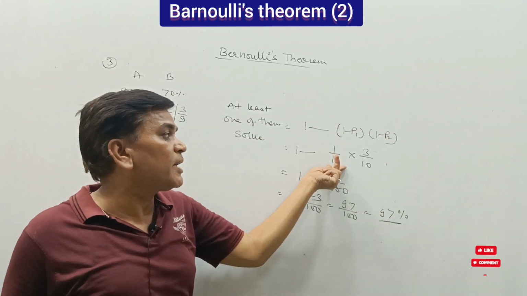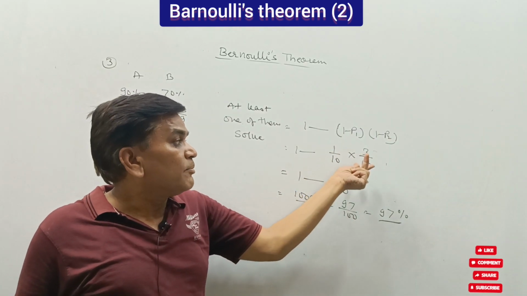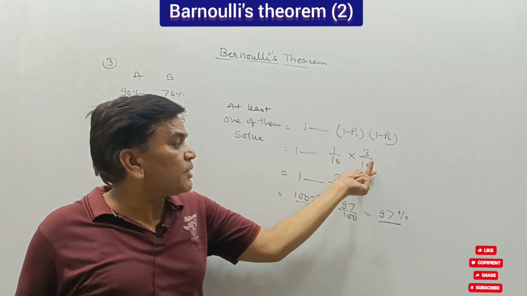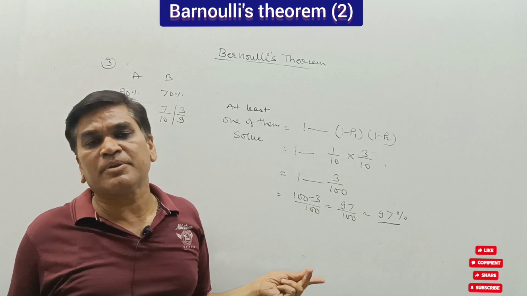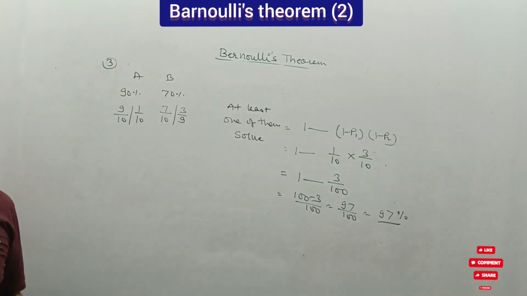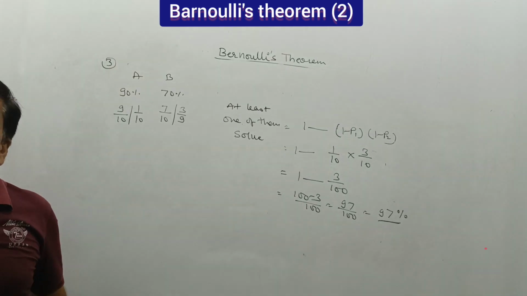Not solving by A is 1 by 10, not solving by B is 3 upon 10, so the probability of not solving is 3 upon 100. So the probability of solving is 97 upon 100, a 97% chance that the question can be solved.